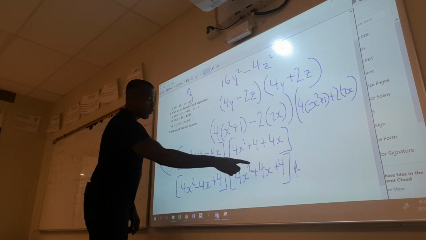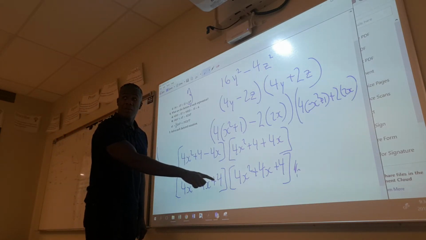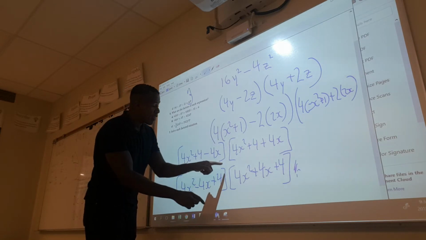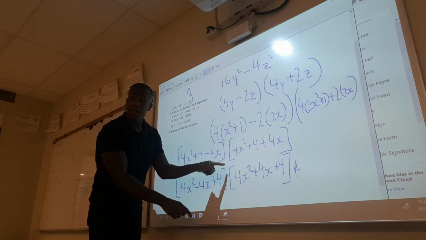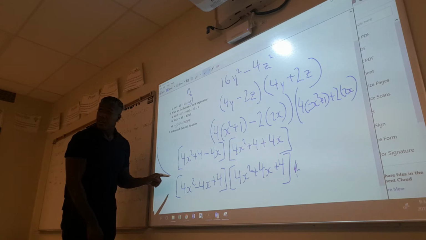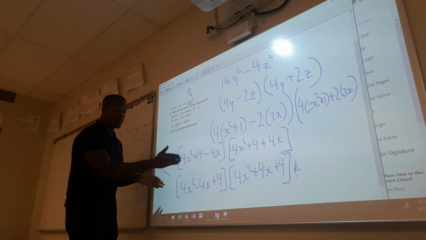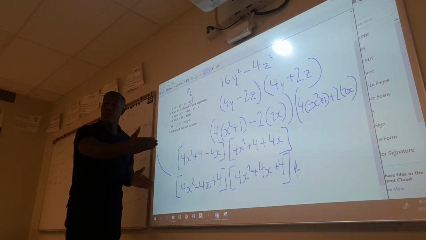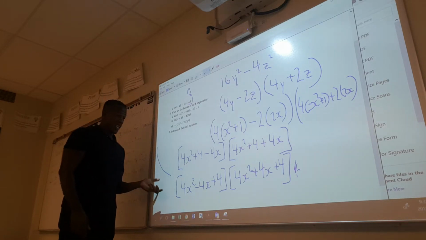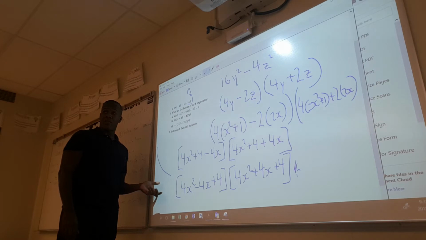If I factor out a 4 out of here, then there's going to be a little 4 here, and then a little 4 here. 4 times 4, because I'm multiplying everything times each other. So I can take a 16 and that's going to be over here. Does that make sense to you?